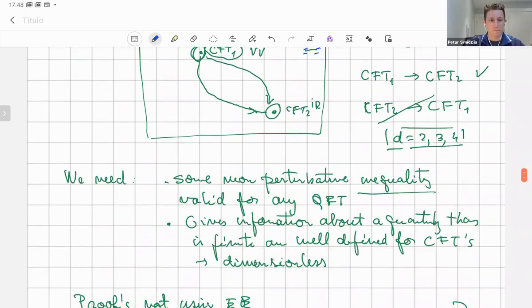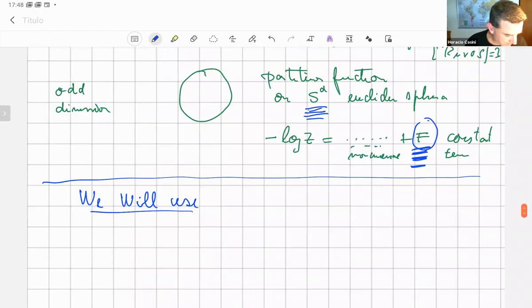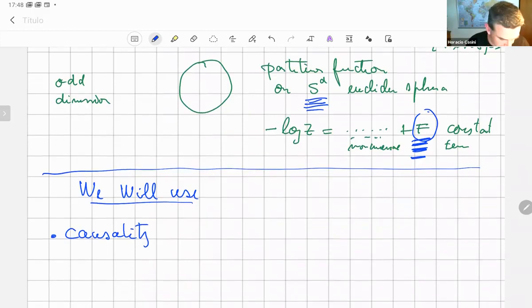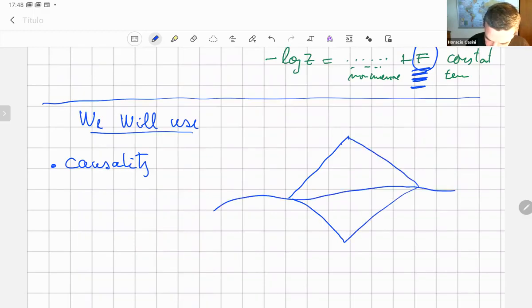Yes, thank you. So we will use three properties. One is causality, in the sense that, I haven't mentioned this before, if you have a region, so suppose you have a Cauchy surface in the Cauchy space, and you select your region V like this.